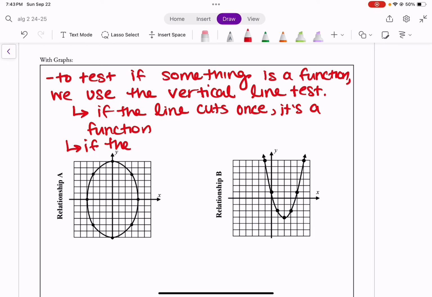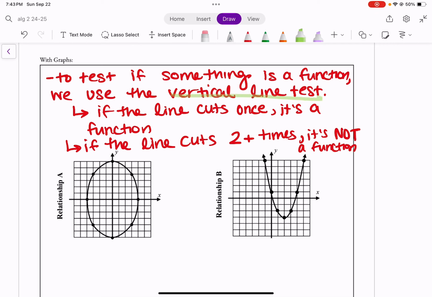If the line cuts more than once, so I'm just going to write 2 plus times, it's not a function, right? So what this test says, we call it the vertical line test.